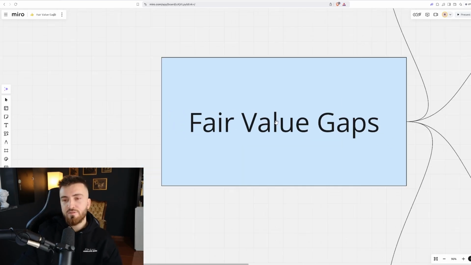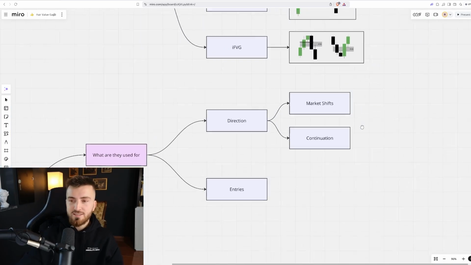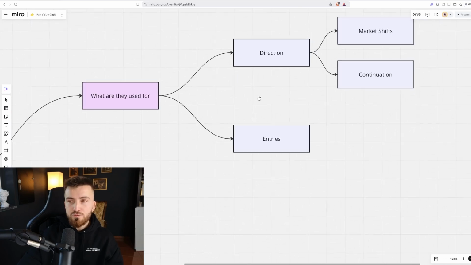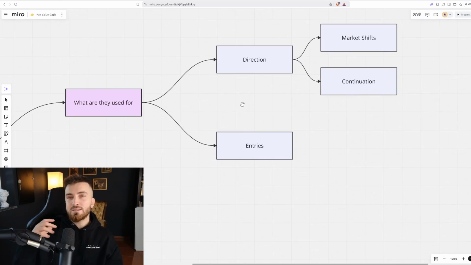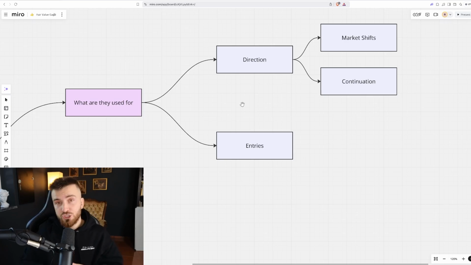So in terms of fair value gaps, you need to understand that, as I said, they are used for multiple things, and that's why it's such a versatile piece of information for you to understand. They're used both for direction and for entries. In terms of direction, they're going to show you the market shift. I will show you that fair value gaps are the first signs that the market is shifting. And then for continuations, fair value gaps are supposed to be respected.